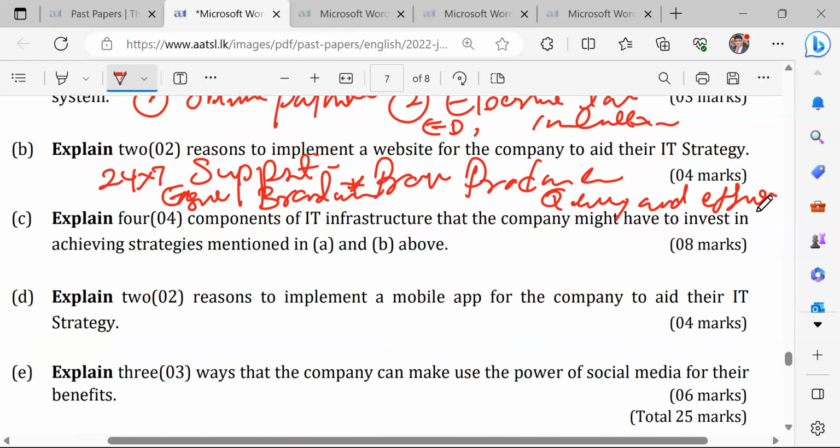Explain 4 components of IT infrastructure the company might have to invest in for achieving the strategies mentioned in A and B. Give some examples. What are the infrastructures? In your study text, we have hardware platforms, all physical, tangible things, right?